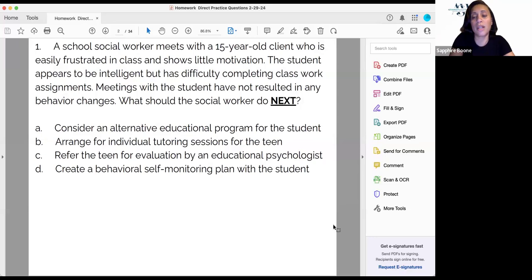Identify the type of question. And with this, they're all practice questions, but with this, I want you to identify what phase of practice you are in. And then we're going to also identify what phases are represented in the answer choices, and you need to match them.